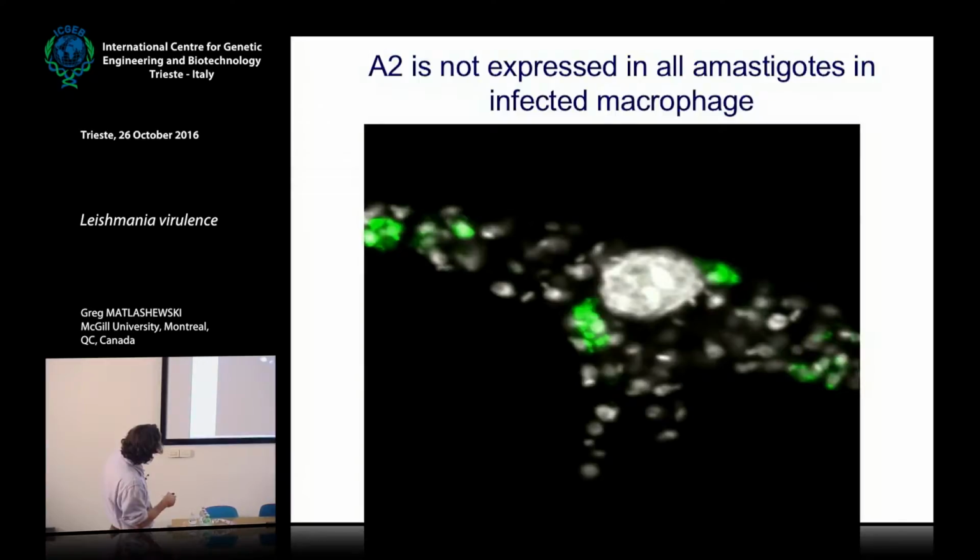So these amastigotes are under different conditions within the same macrophage, because these may be under more stress, so they're expressing more A2 than these ones, which may be under less stress or maybe under a different type of environment. So you have this heterogeneity in the expression. And you won't see that on a Western blot, of course. On a Western blot, you're just looking at all of them at the same time.